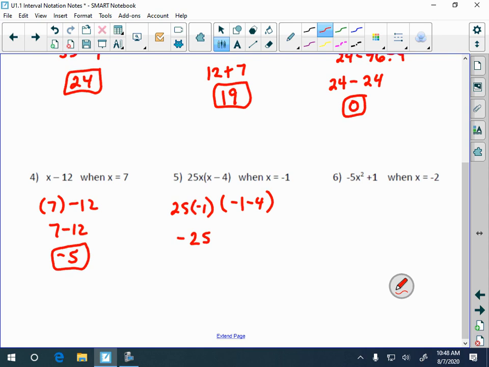And there's a little multiplication that's happening right in front of those parentheses. So just like that right there, there's a little multiplication between the x and the parentheses. So we have to be careful with that. So negative 1 minus 4 is negative 5. So now we're doing negative 25 times negative 5. And so a negative times a negative is a positive, and so that's going to be 125.